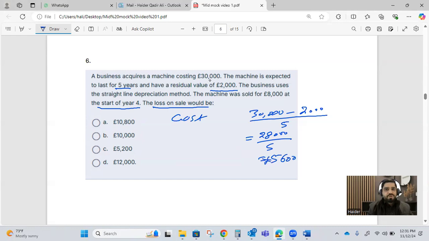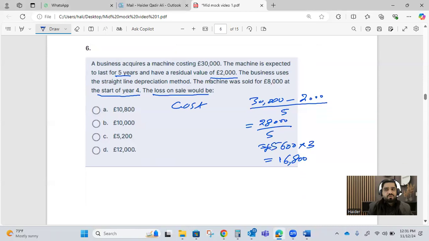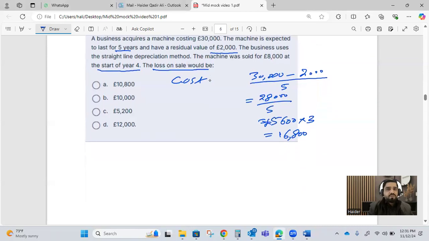Per year depreciation, 5,600 pounds. You need to calculate 3 years depreciation, just multiply by 3 years. You will have the accumulated depreciation of 16,800.